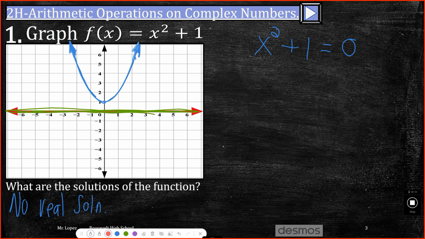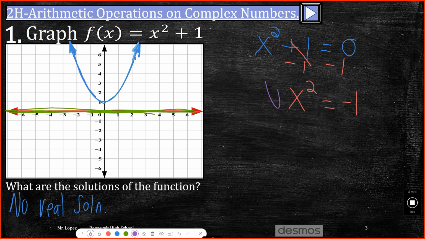So if I was to solve this equation right here, x squared plus 1 equals 0, what would be step 1? Anybody? Minus 1. Just go off of something you kind of know. So you're going to get x squared equals negative 1. And so now what do we do here? Square root both sides.